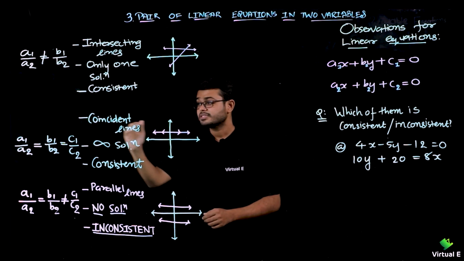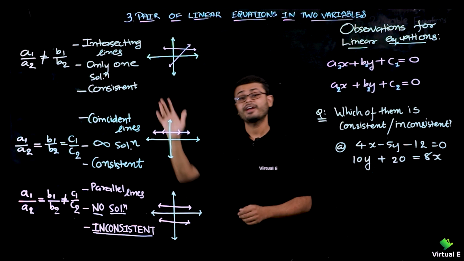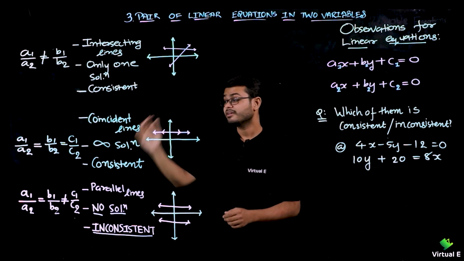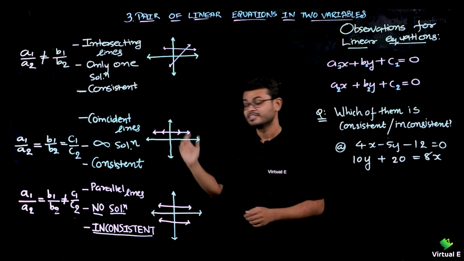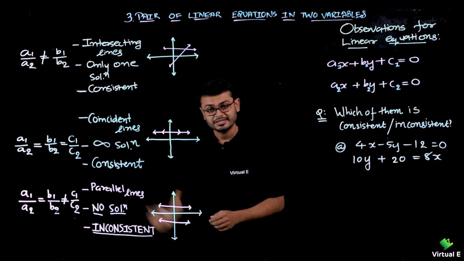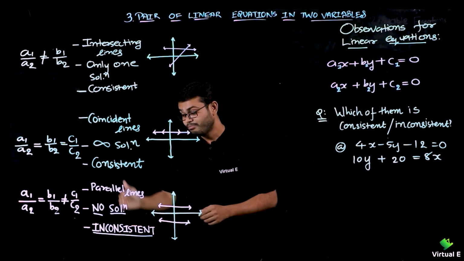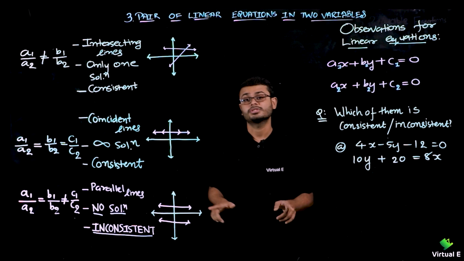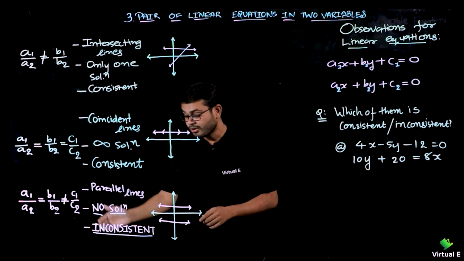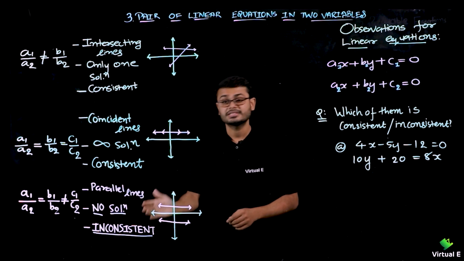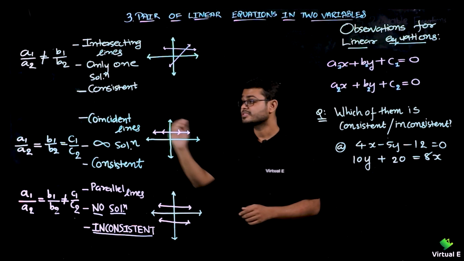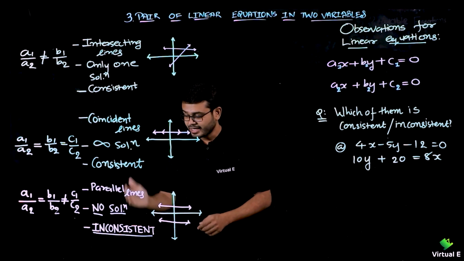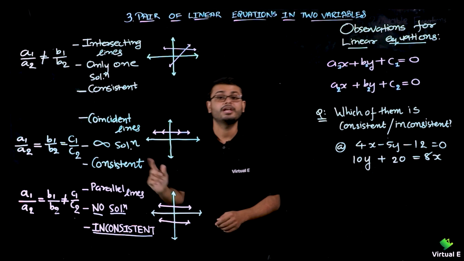Second, coincident line, we know it has infinite solutions. We need only one bit, we have infinite solution, so this system is consistent. But here parallel lines, no solution, so that's why we call this category as inconsistent. So remember these words, parallel line case is the only case of inconsistent.